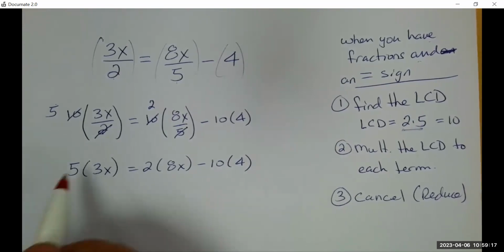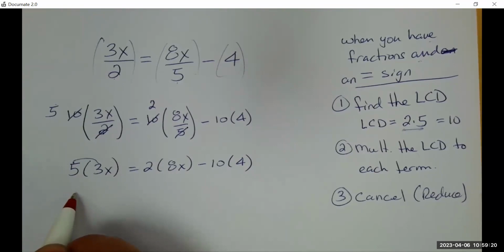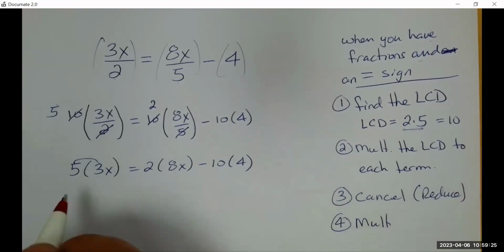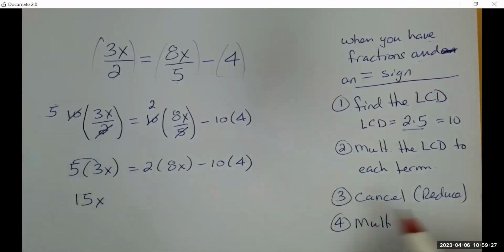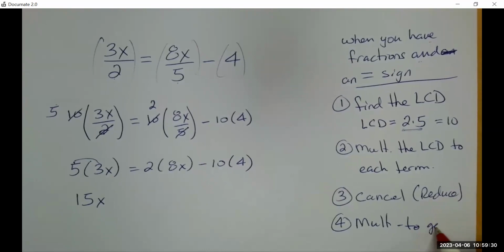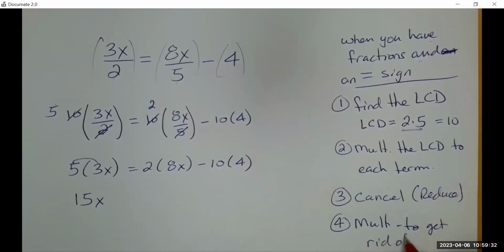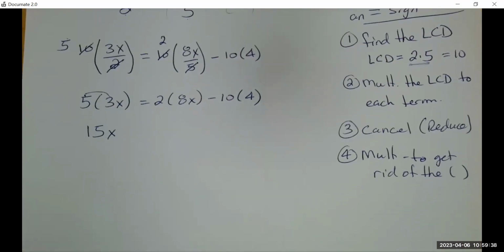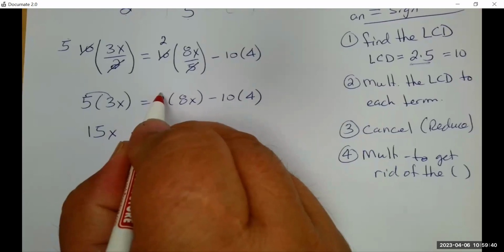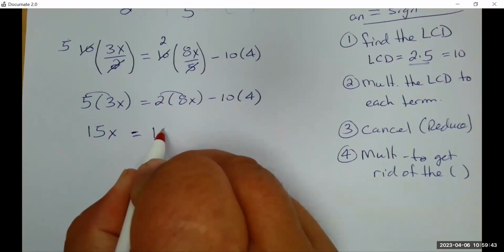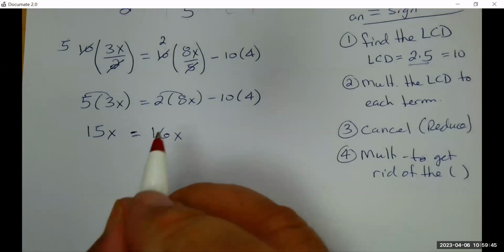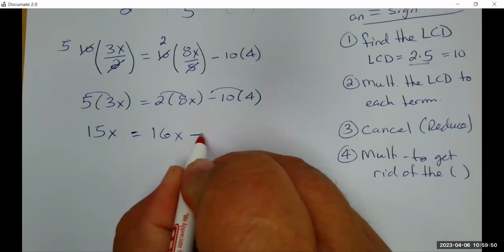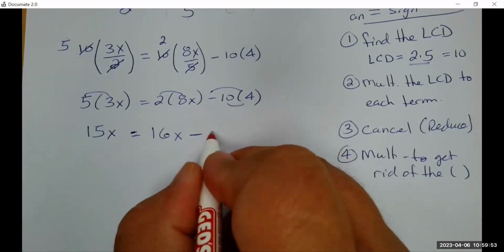All we did was get rid of the fractions. Now we do what we've been doing. 5 times 3 is 15. You multiply to get rid of the parentheses. 2 times 8 is 16x, and then negative times positive is negative 40.